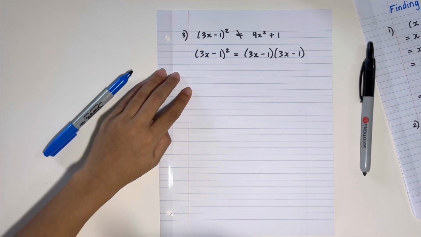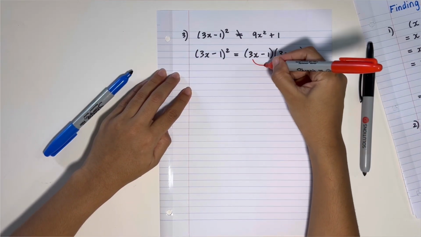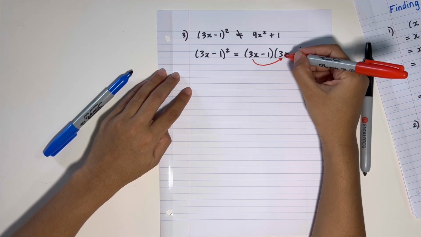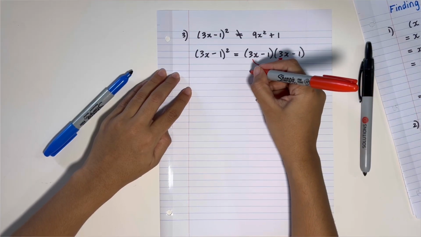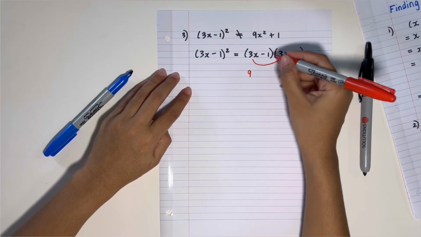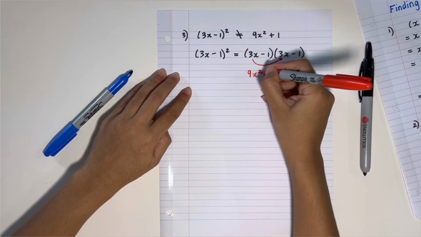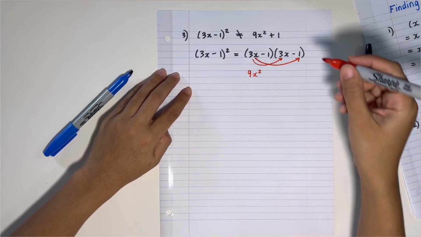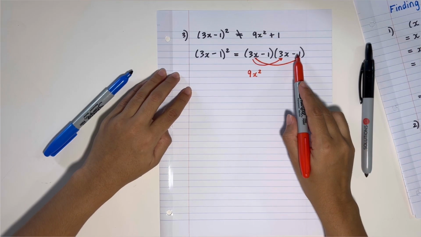So let's use our regular steps. We say 3x times 3x, the first term in the first bracket times the first term in the second bracket. So that would be 3 times 3 is 9, and x times x is x squared. And then you take the first term again and multiply by the second term in the second bracket.